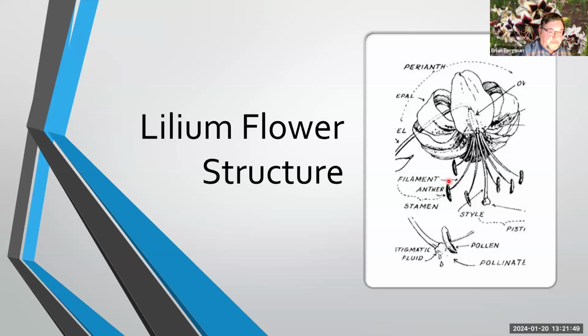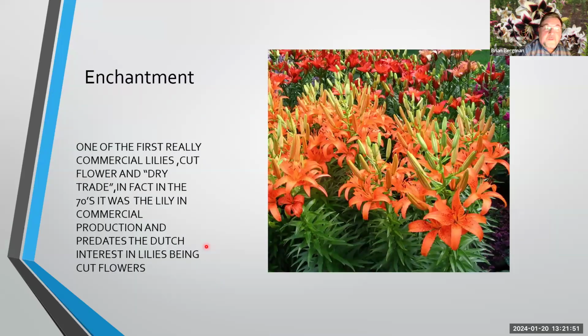Next slide. So we start with Enchantment, one of the first really commercial lilies in the cut and dry flower trade. In fact, it started out in the dry trade, and the dry trade means the garden trade. In the 1970s, it was the lily in commercial production and predates the Dutch interest in lilies as cut flowers.